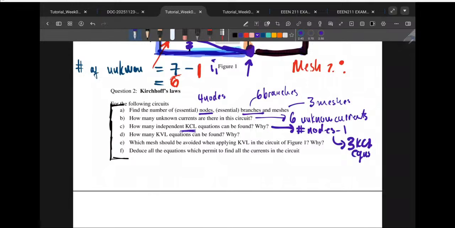We would ask, how many unknown currents did we have? Total 6, so we have 6 currents to find. How many equations do we have so far? The KCL 3. So how many more do we need here? 3. So we're going to need 3 KVL equations, because the number of equations should be the same as the number of unknown currents, so you can be able to find them.